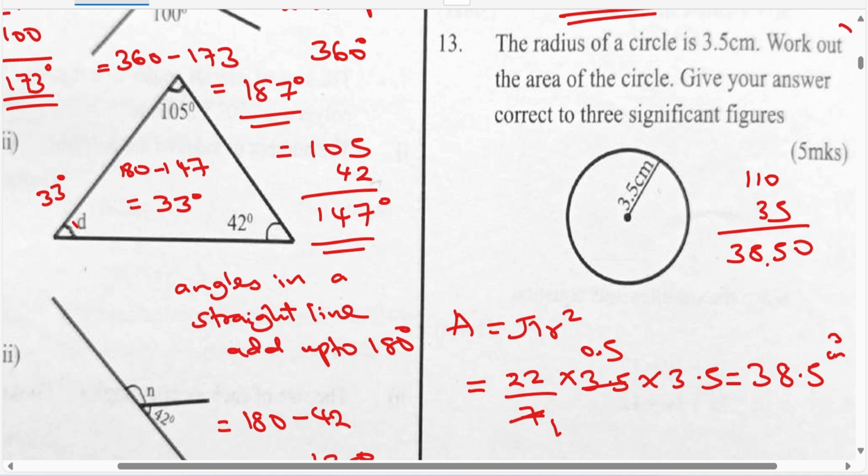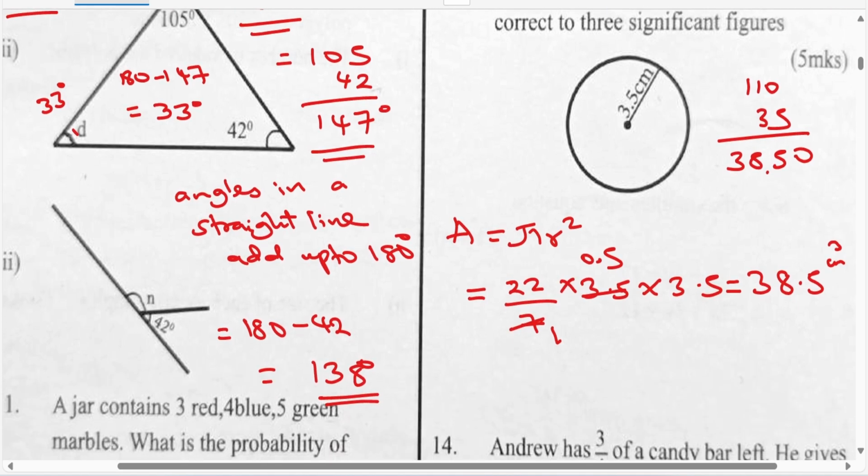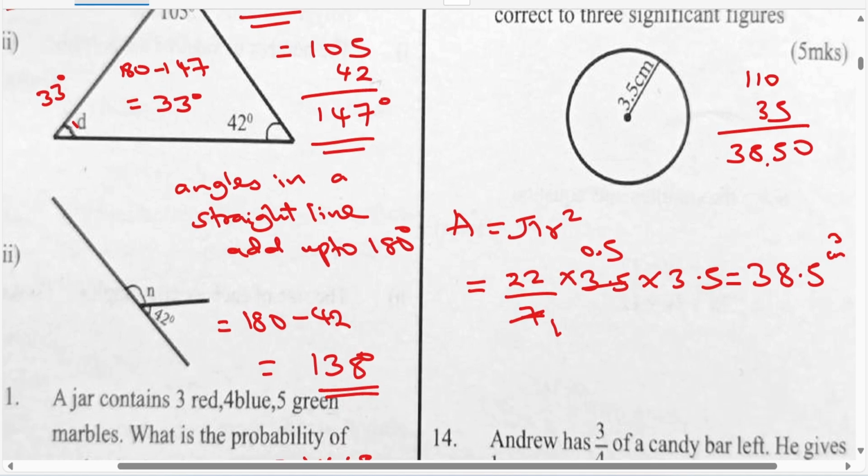For me, it's just the same way. So another way, if you want to use pi, that's centimeters squared. If you want to use pi to be 3.142, you can also use it, or 3.14, times it by 3.5, times it by 3.5. Okay, it gives you another answer.